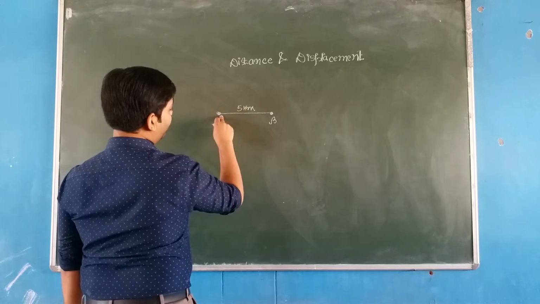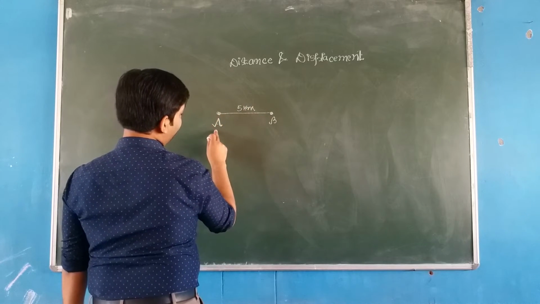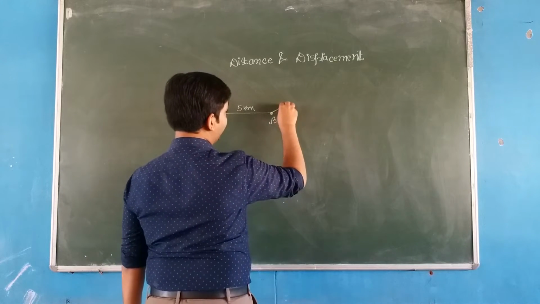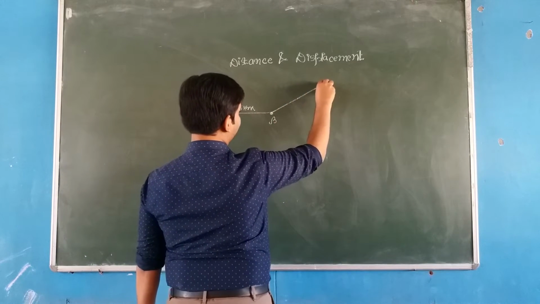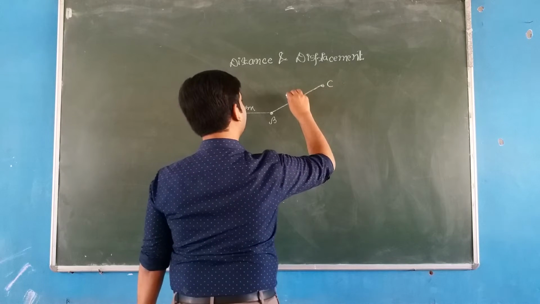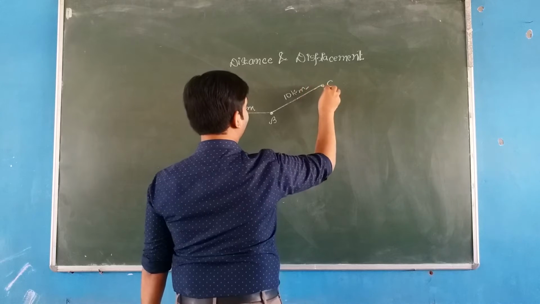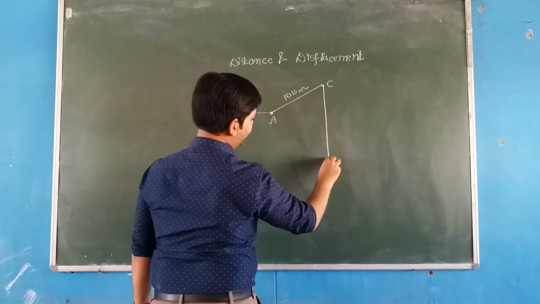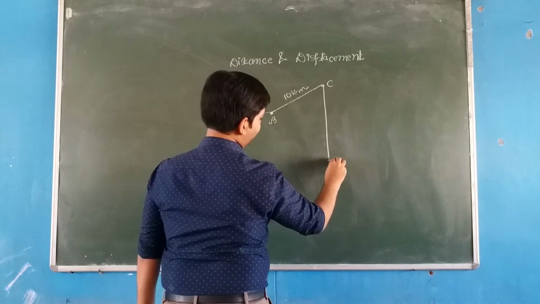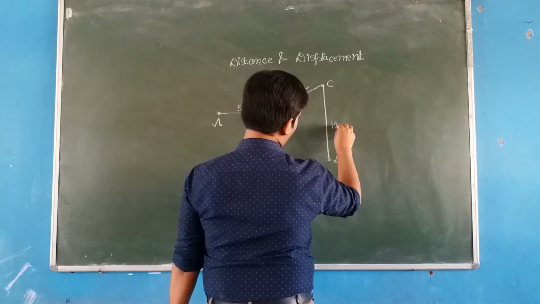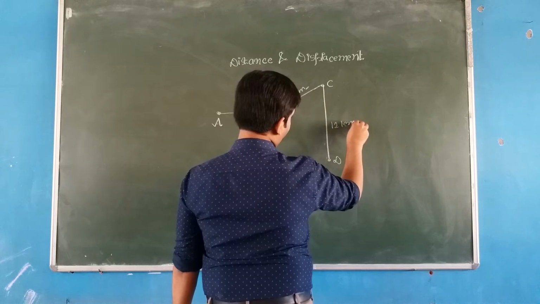The length of this path between point A and point B is 5 kilometers, and then from city B he goes to some city C, let's say by traveling 10 kilometers, and then from city C he goes to city D by traveling a distance of say 12 kilometers.